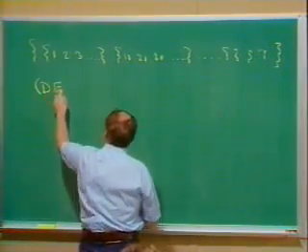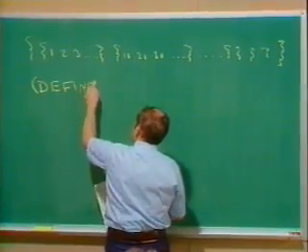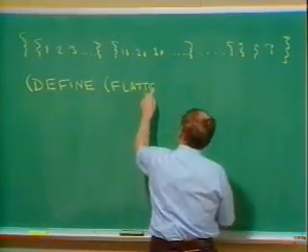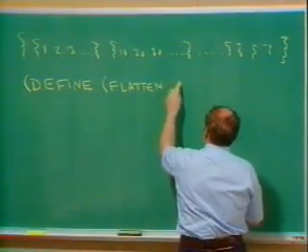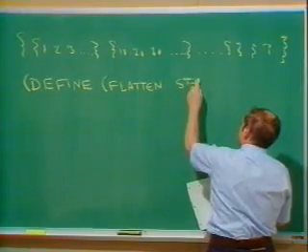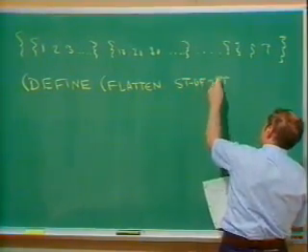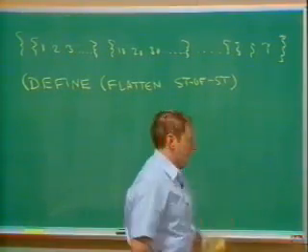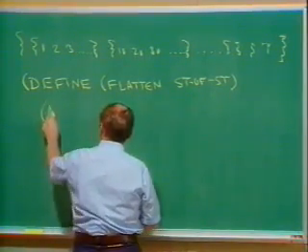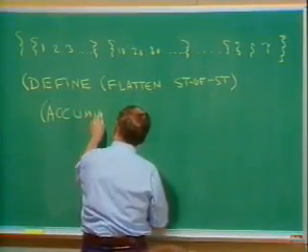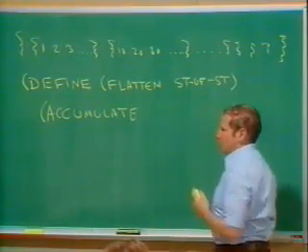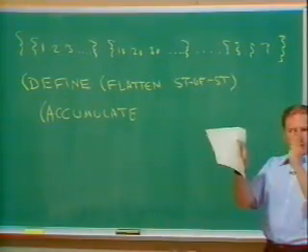I can define flatten of a stream of streams. Well, what is that? That's just an accumulation. I want to accumulate using append, by successively appending.